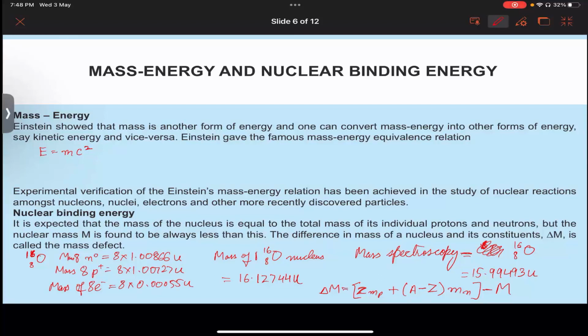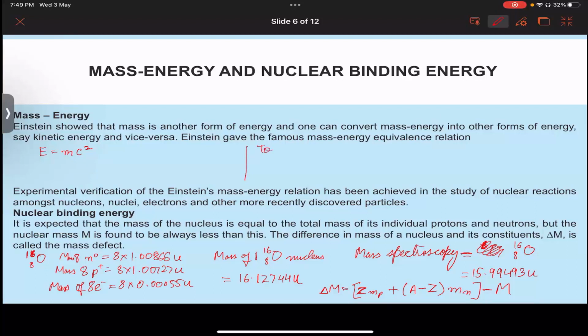So this is where we have the mass-energy relation: if somebody wants to separate or break apart the oxygen nucleus into its constituents, that is 8 protons and 8 neutrons, the extra energy that is required is going to be Δm c squared.